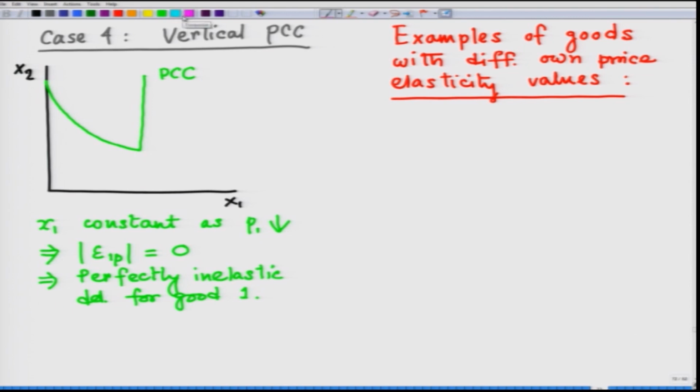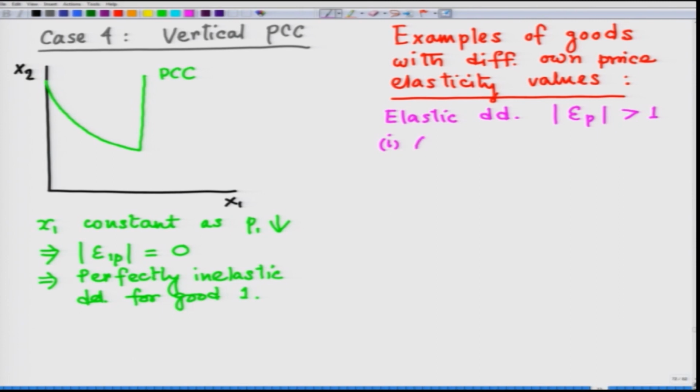So, we are first going to talk about elastic demand. So, that means we are talking about the mod value of own price elasticity taking a value greater than 1. What would be the examples?